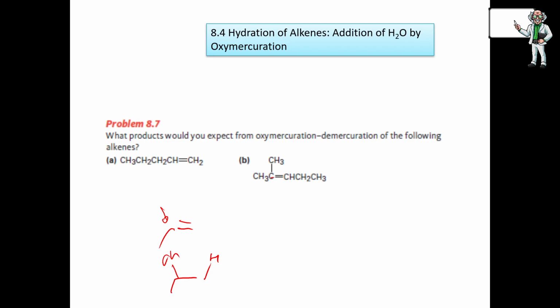What I expect is OH in the most substituted, hydrogen in the less substituted. Always like this with oxymercuriation, the OH is going to the most substituted position of the double bond and hydrogen to the less substituted.